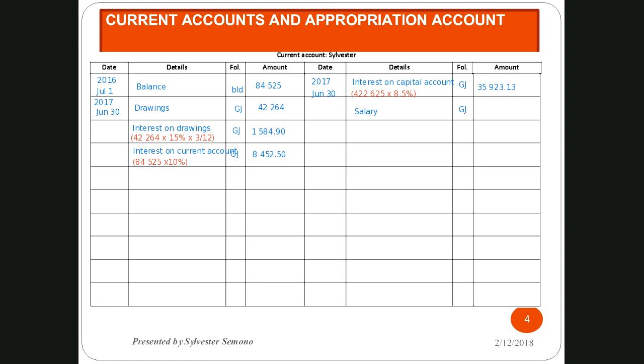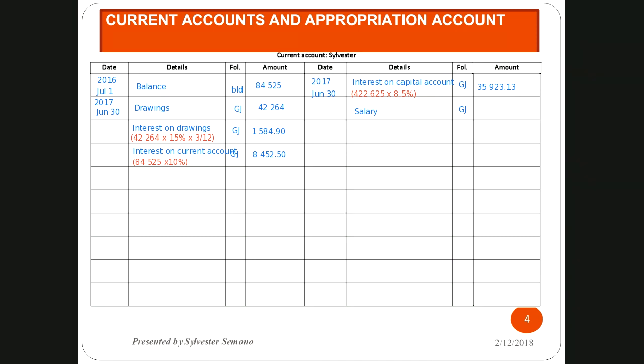If the partner only works for 5 months, we're going to calculate 5 months. Okay. Number 5, they say Sylvester annual bonus, meaning Sylvester will not receive any bonus.